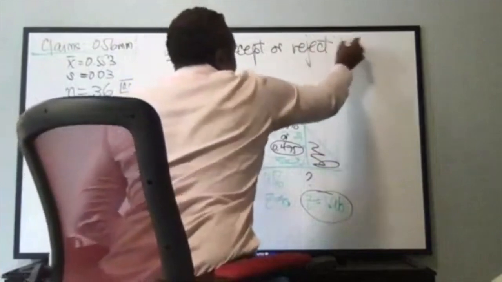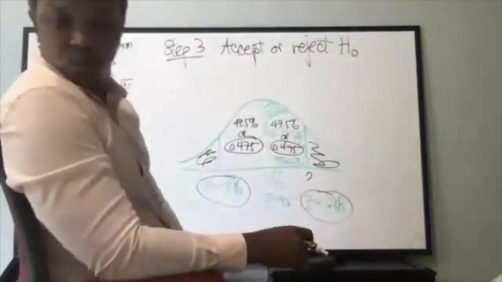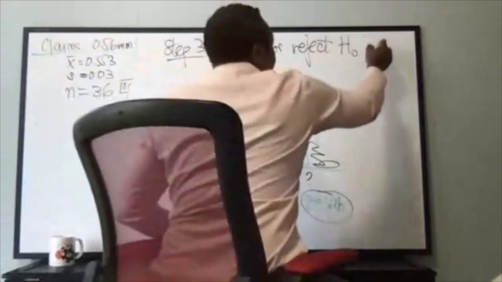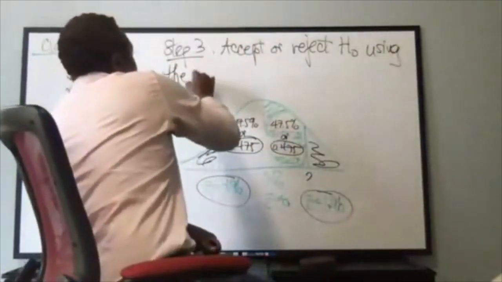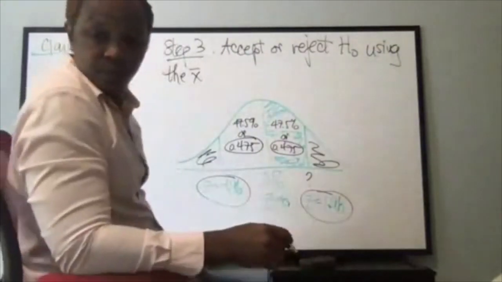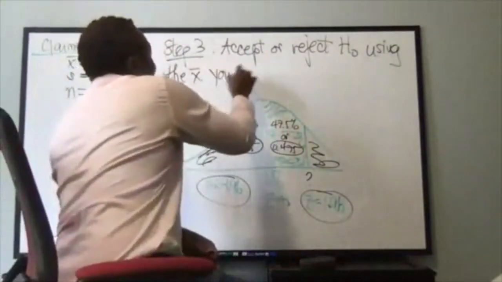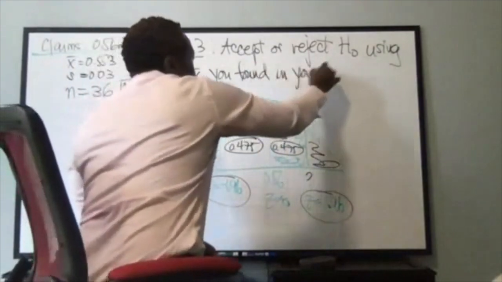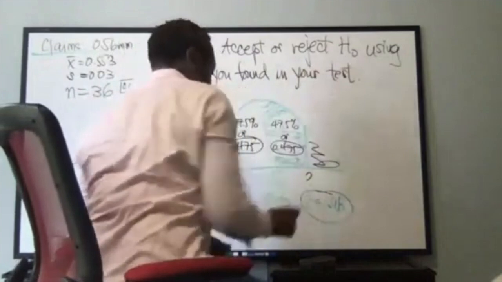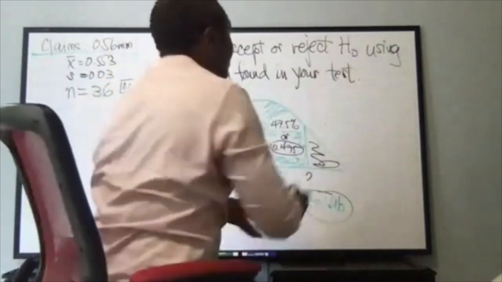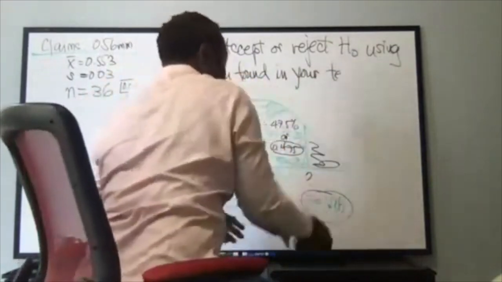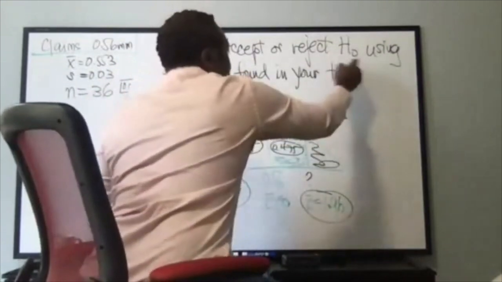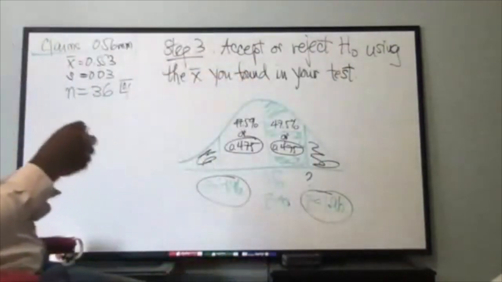Accept or reject H sub 0 using the X bar you found in your test.